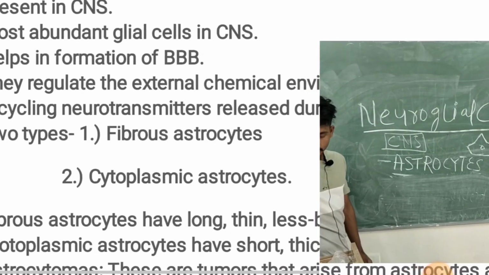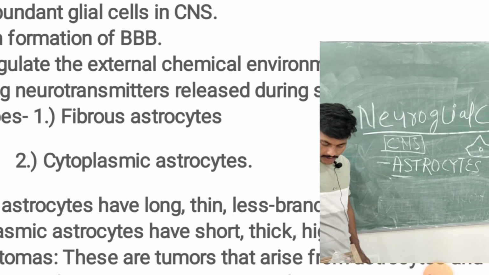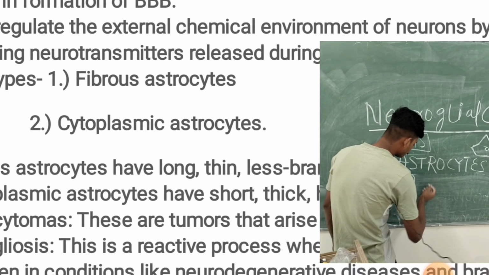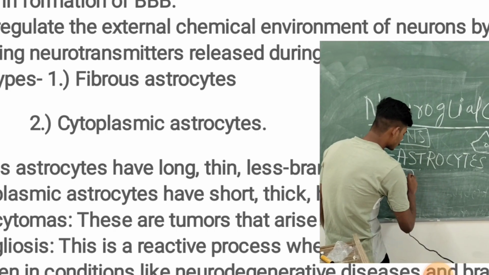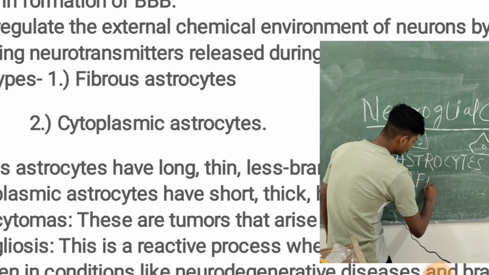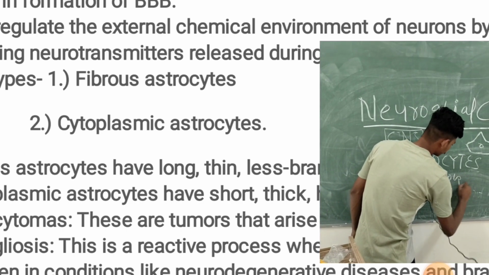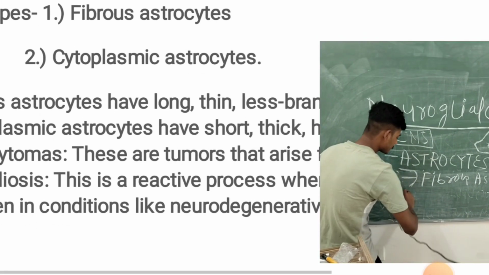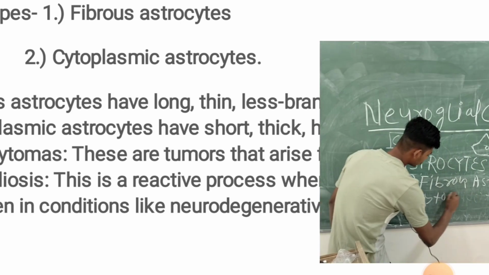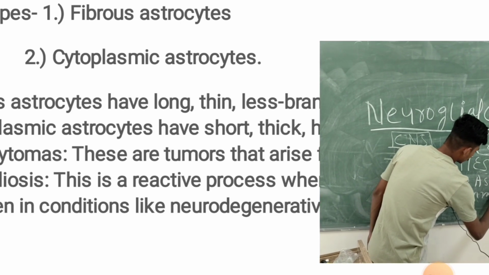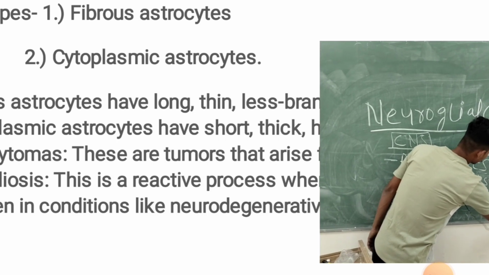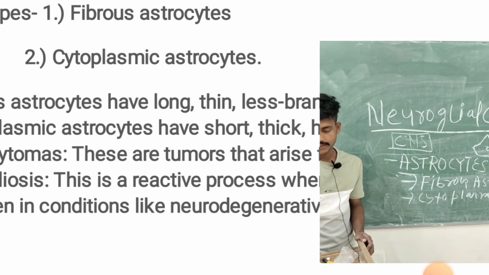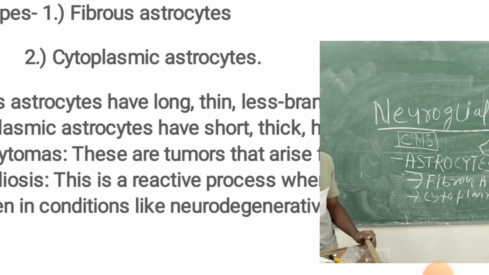The first type is called the fibrous astrocyte, and the other class is called the protoplasmic astrocyte. Clear? The first type is called the fibrous astrocyte and the second type is called the protoplasmic astrocyte.